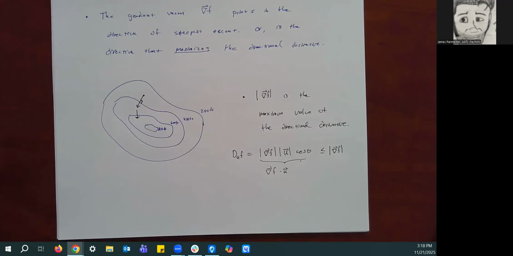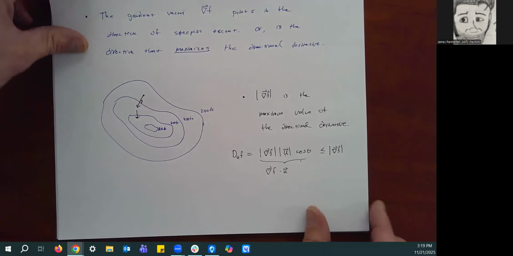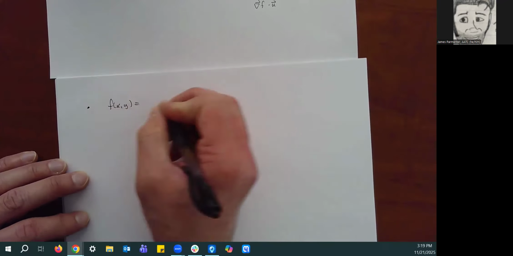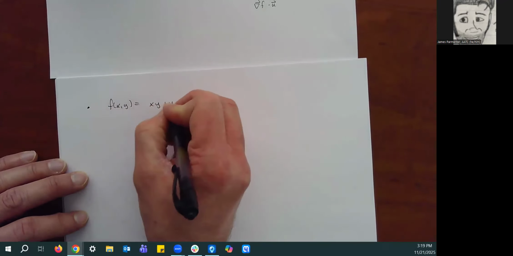So let's look at some examples of questions we could ask about. I kind of feel like a lot of these directional derivative questions are kind of contrived. Like you have to work hard to make an interesting question. So let's say we have the following example that's very basic. Our function is given by f(x, y) = xy + y squared.